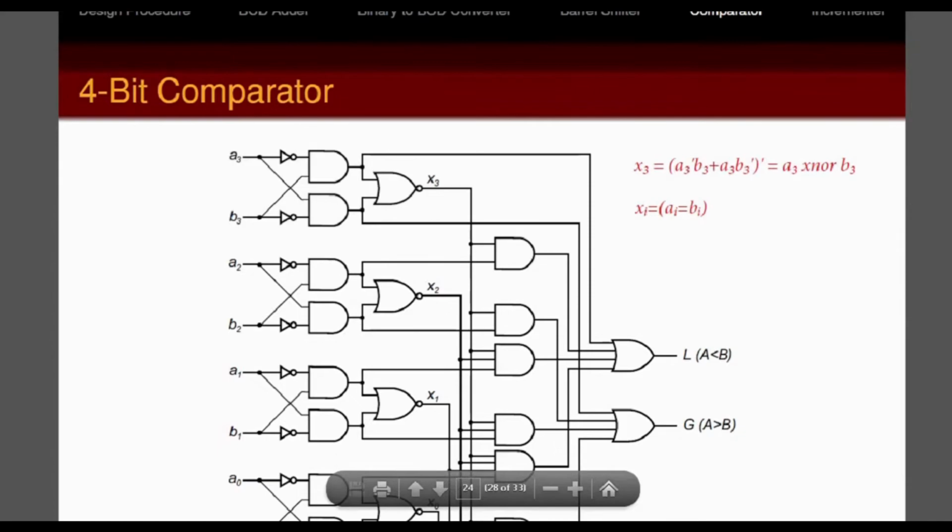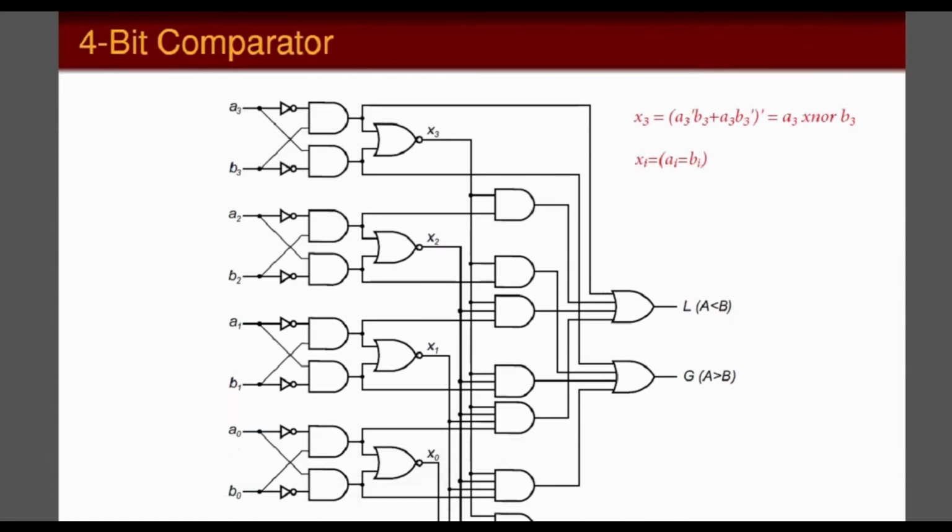Here, a complete one. Now, if you are confused about why we suddenly use this function: if you look at X3, remember what is X3? X3 is A3 equals B3. Just now we said XNOR, but if you look at this one, X3 is equal to A3 bar B3 or A3 B3 bar, and then you complement it.